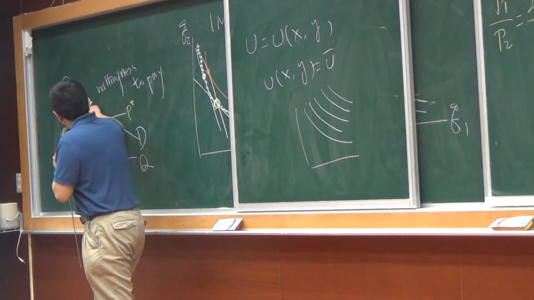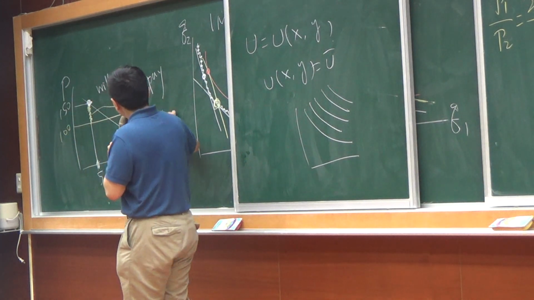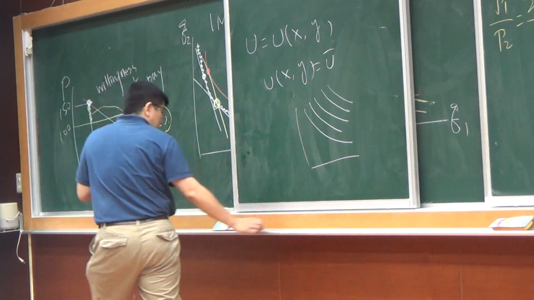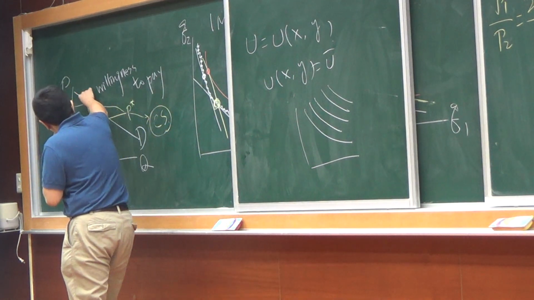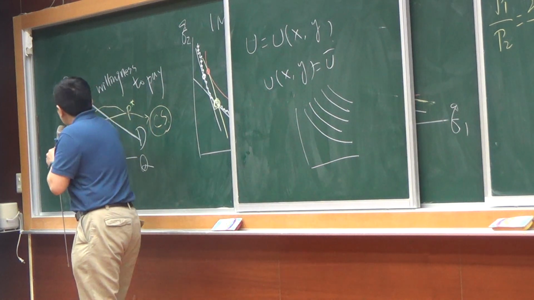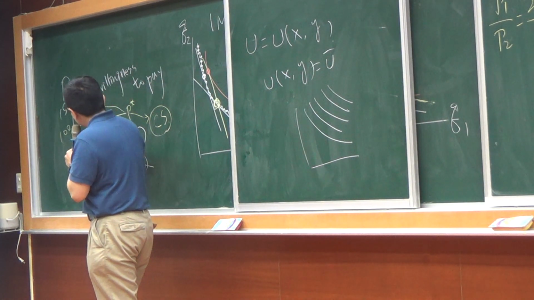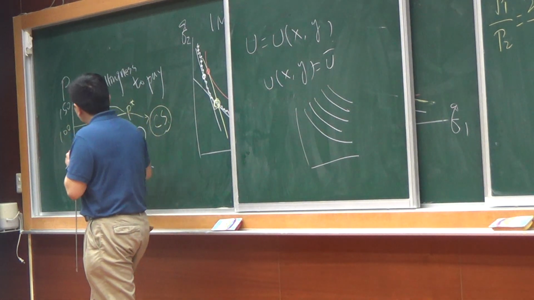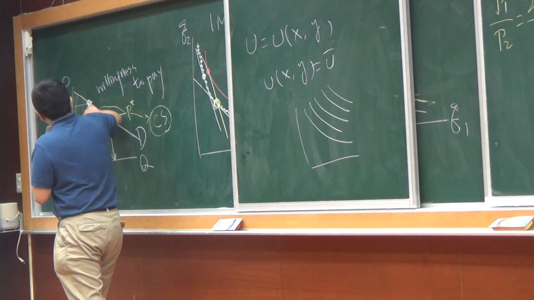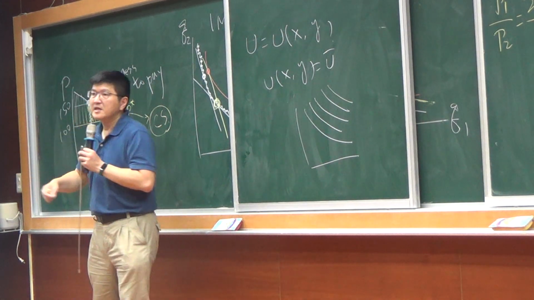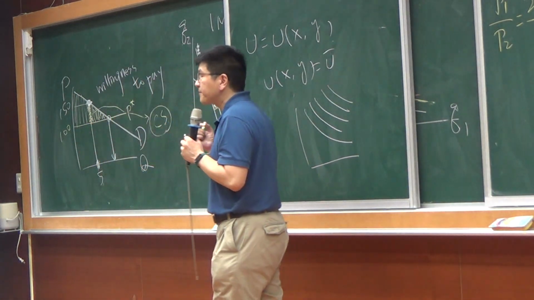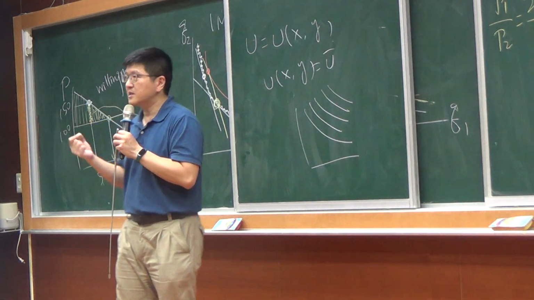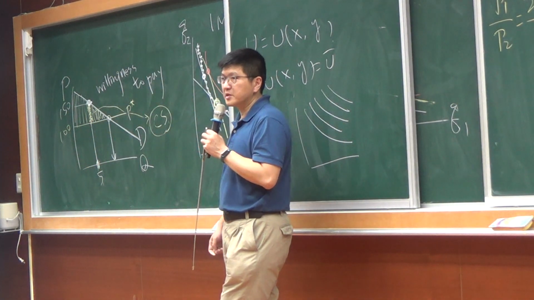So we call this what? Consumer surplus. And because this is my demand curve, at the market price, I'm willing to buy this many units of commodity. And all the consumer surplus for each unit, I may sum them up. That's the reason why we call this triangle the total consumer surplus.